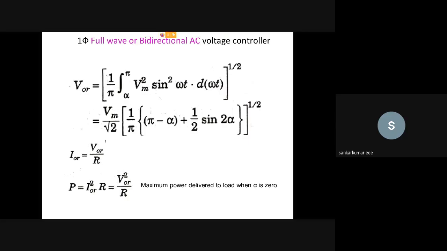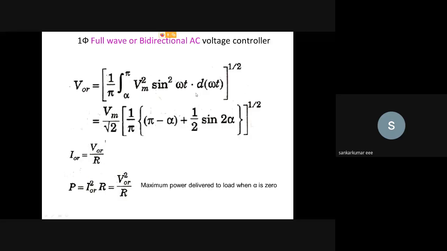Apart from that, we have posted some indirect assessment questions, that is MCQ. Take care of that, and you have to complete those MCQs before the exams, right? So now we can start.